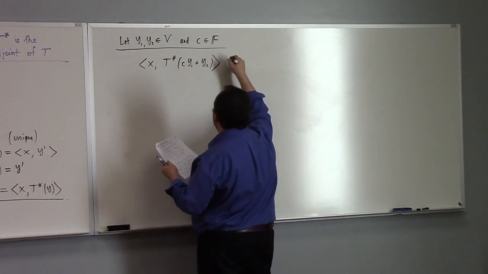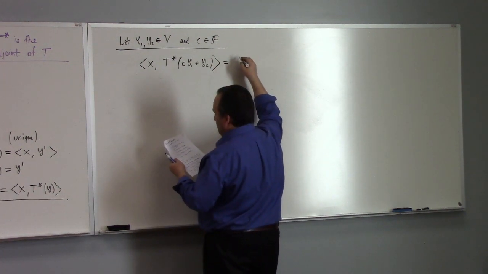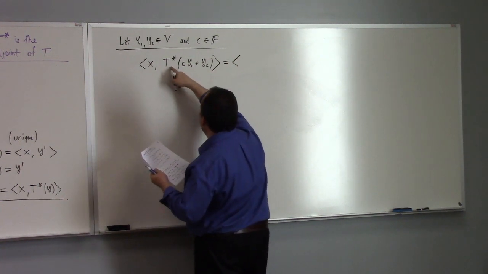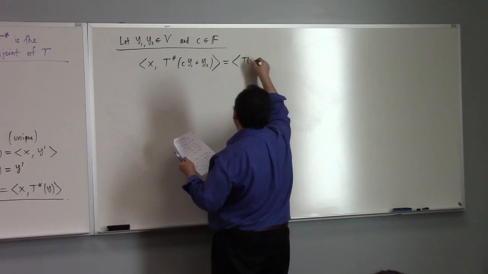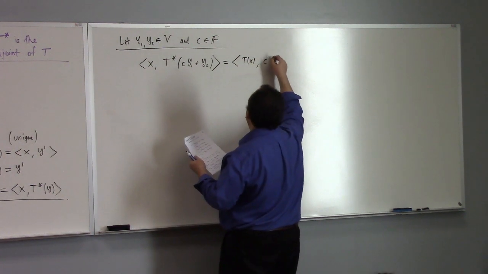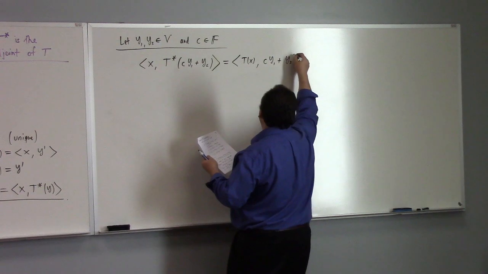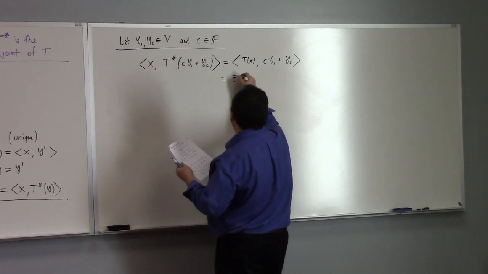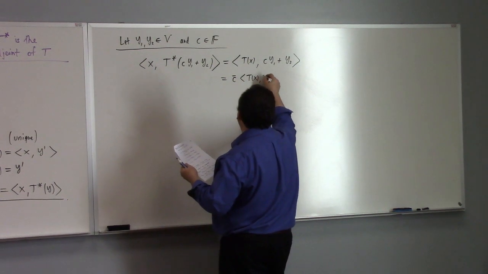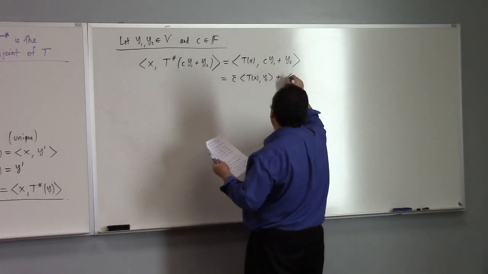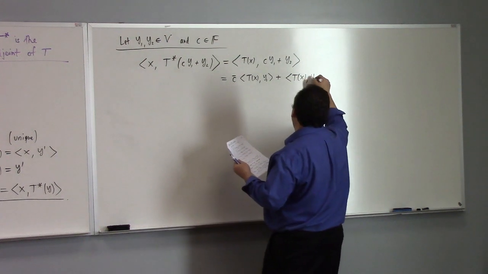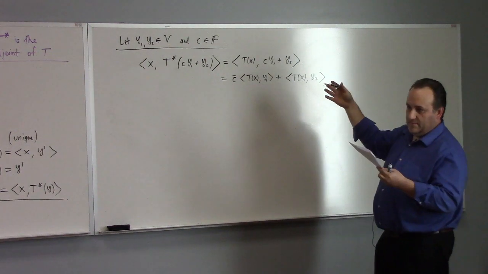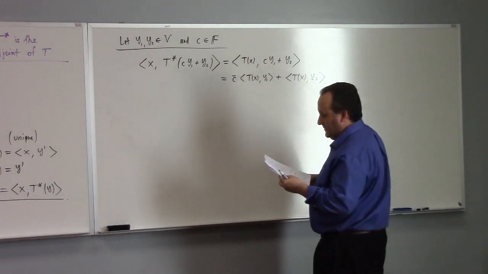Then this is equal to, by construction of T star, T of x, c y1 plus y2, all right? Which then is equal to c bar T of x, y1 plus T of x, y2, using the additivity and the conjugate linearity of the second slot there.